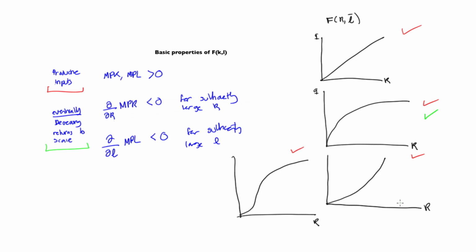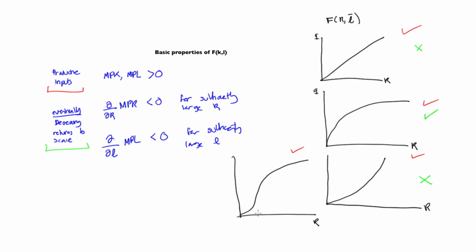This one is actively violated, since as capital increases, any additional marginal increase in K increases output by more and more. In other words, the slope of the production function with respect to K, which is the marginal product of capital, is getting larger and larger. So this actively does not satisfy it. What about this one? The slope of the production function with respect to K, which again is the marginal product of capital, is constant, so it never goes down with K. This derivative never becomes negative, so it doesn't satisfy it.